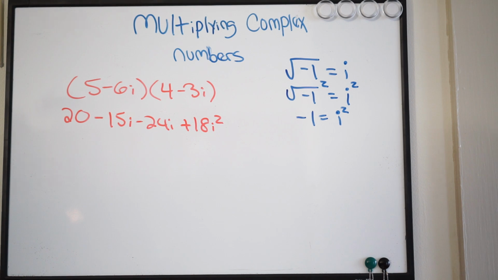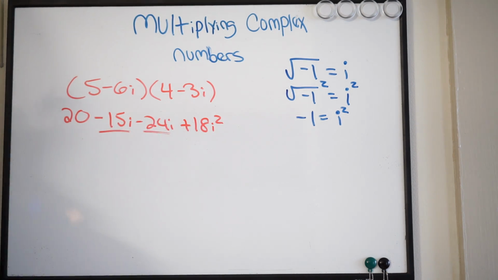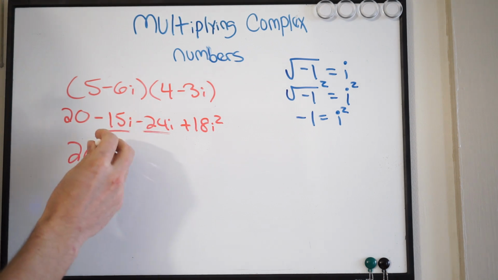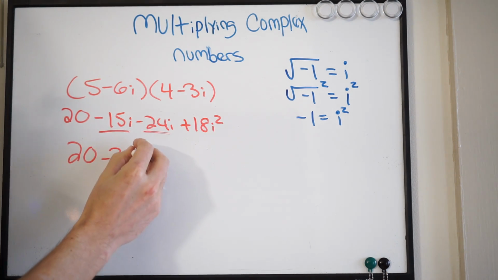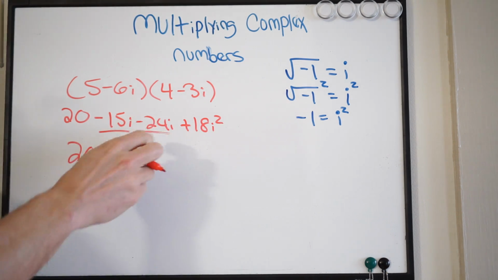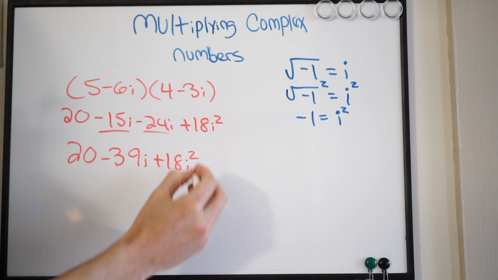We want to see if we can combine any like terms. So by looking at this, I see that I have a -15i and a -24i. Well, this is going to become, so we have 20, and this is going to be -39i. And then we just do plus 18i squared.